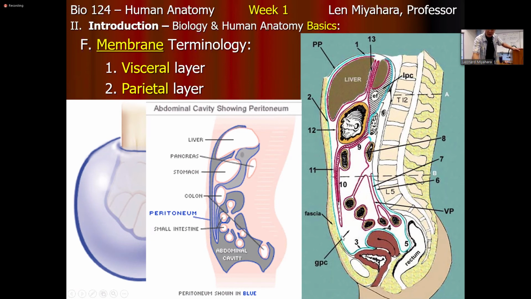In kind of aqua color, lining the cavity wall, is PP, parietal peritoneum. Everybody get that? So this in purple is the rubber on the fist. This in aqua color, kind of greenish, is the balloon that's lining the cavity wall.